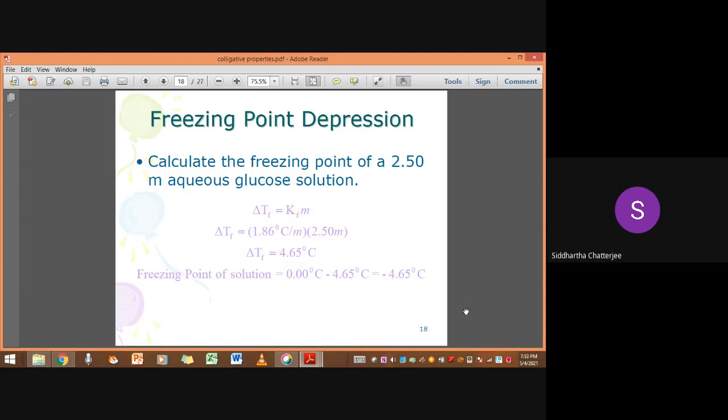Then the value of molality you put in is 2.50, and after calculation del TF equals 4.65 degrees Celsius. Del TF means TF0 minus TF, and TF0 for pure water is 0 degrees Celsius. So 0 degrees Celsius minus 4.65 means the freezing point of the solution is minus 4.65 degrees Celsius.